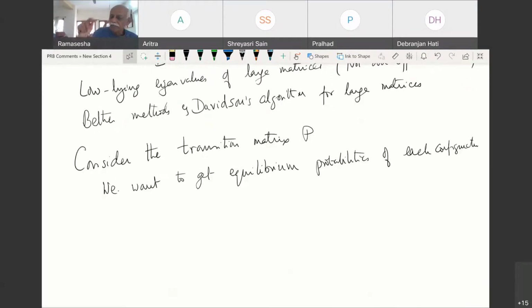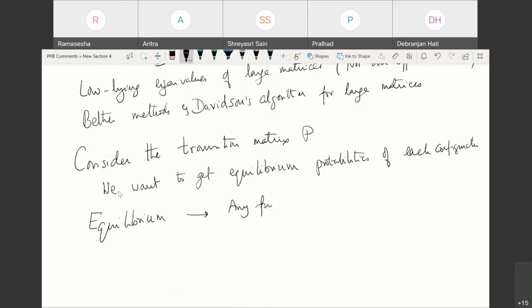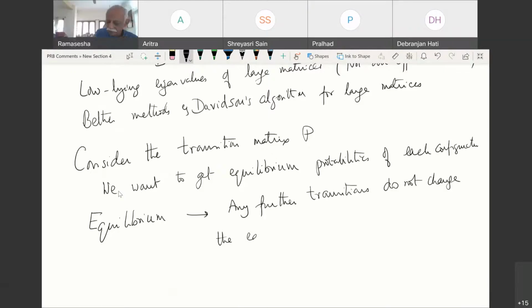Okay, so now I want to get the equilibrium thing. So what do we mean by equilibrium? By equilibrium, what we mean is that any further transition does not change the equilibrium probabilities.